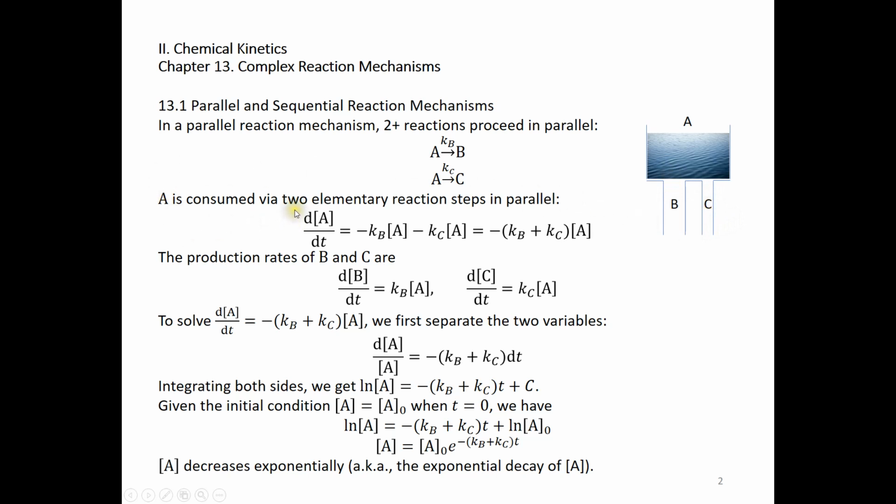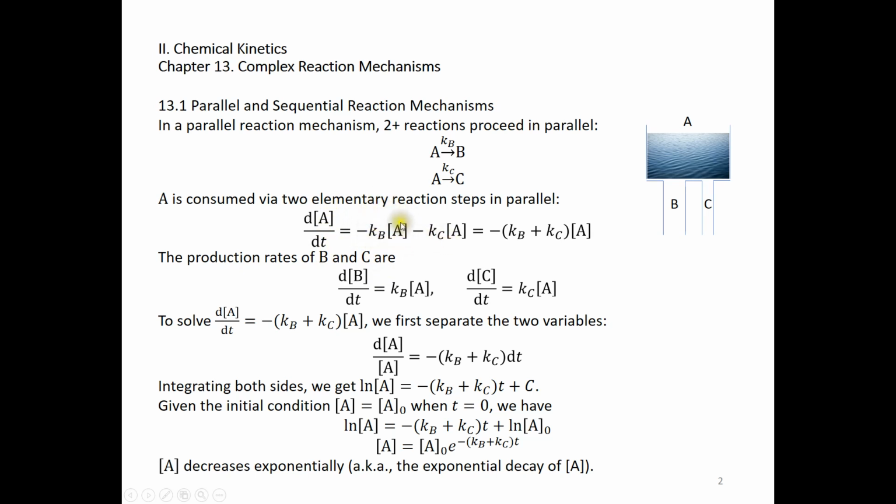So A is consumed via both elementary reaction steps in parallel. The flowing is going on in both pipe B and pipe C. Therefore, dA/dt, the change of the concentration of A over time, is equal to negative kB[A] minus kC[A].